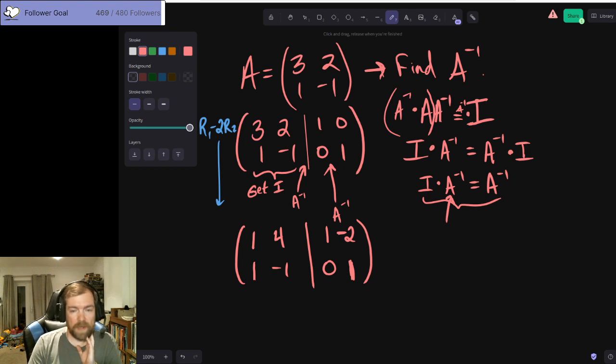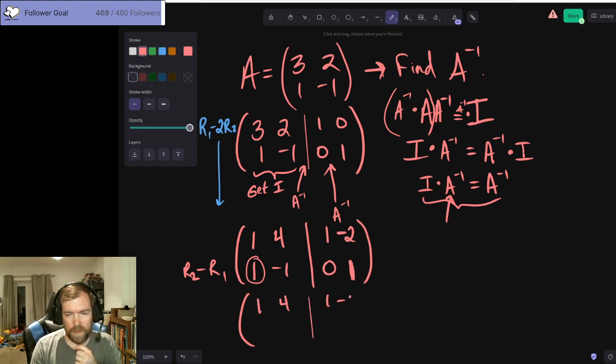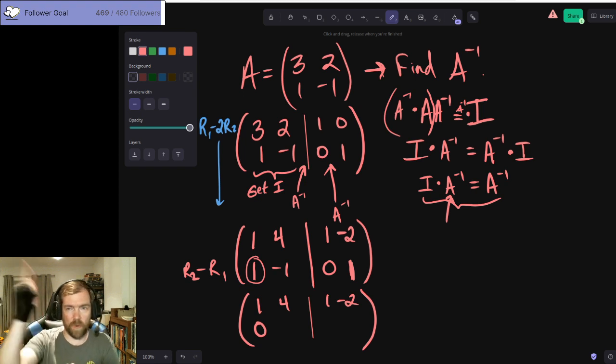Okay, now we're going to do the same thing. So here we're going to take row 2, subtract row 1. And we're intentionally knocking out this 1 to make it 0. That's our goal. So 1 for augment, 1, negative 2, not changing the top, and then changing the bottom. So row 2, so 1 minus row 1 is 1, gets a 0. All right, goal complete. Our first column is now 1, 0.